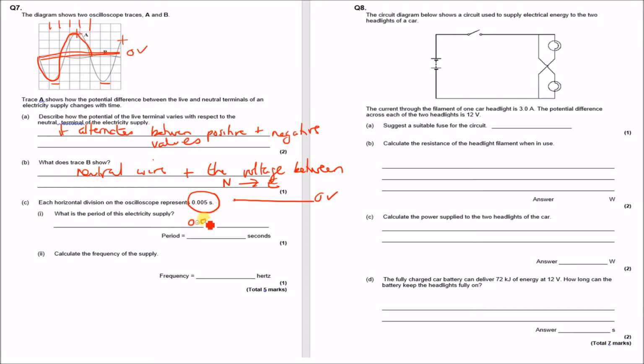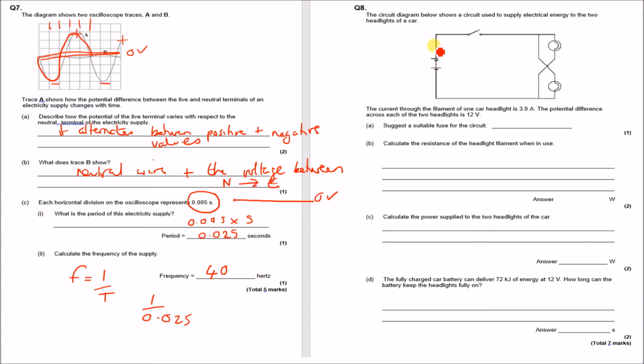So 0.005 times 5 gives us our time period, which is 0.025 seconds. Frequency is equal to 1 over time period, so the reciprocal of 0.025 is going to give us our frequency, and that is equal to 40 Hertz.